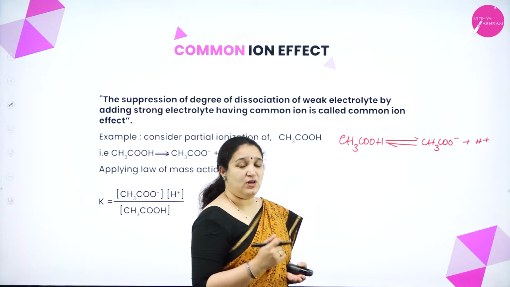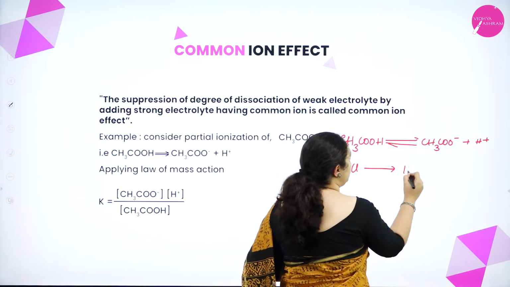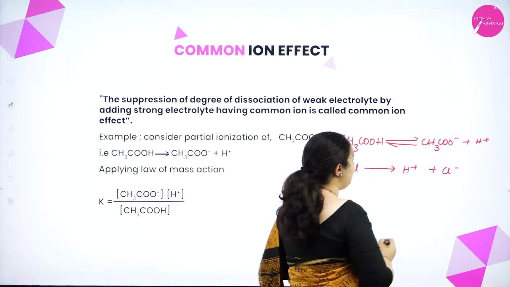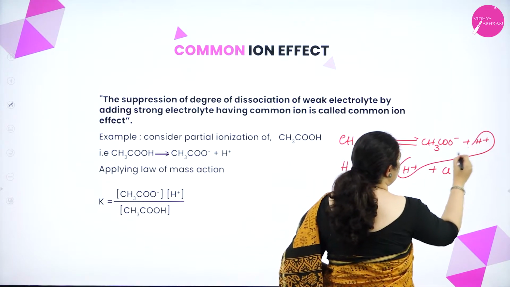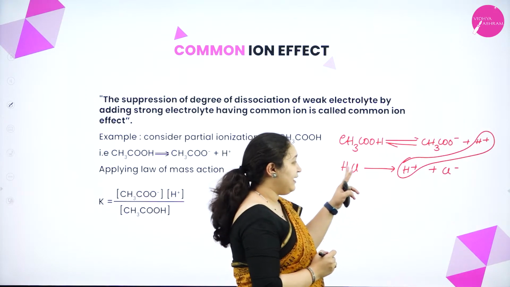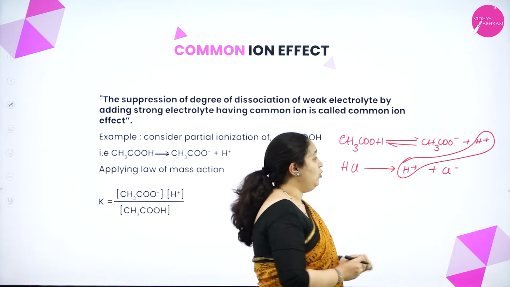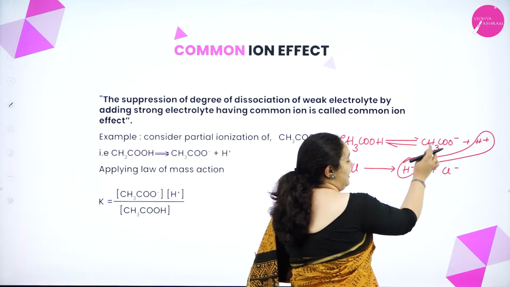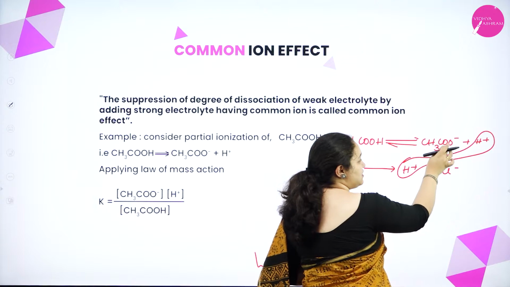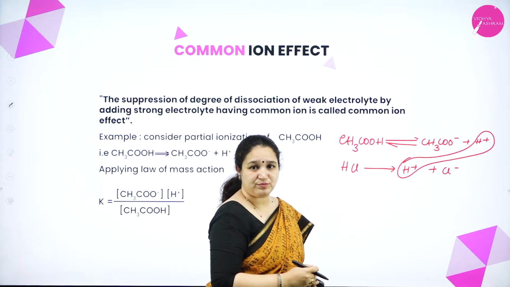For this solution, I will add a strong electrolyte like HCl, which will give H plus ion and Cl minus ion. Now, you see that in both the solutions, H plus ions are common. Now, when I added HCl, the molar concentration of H plus ion increased. So, the H plus ions react with CH3COO minus and prefer the backward direction reaction.